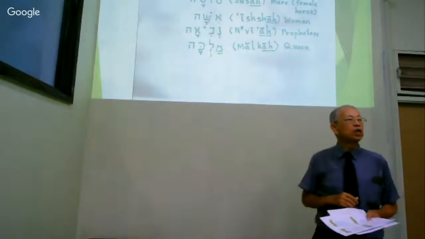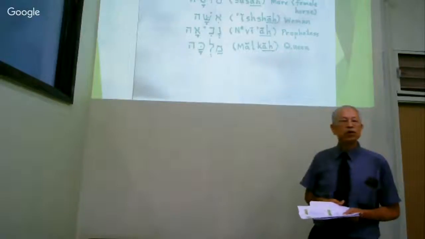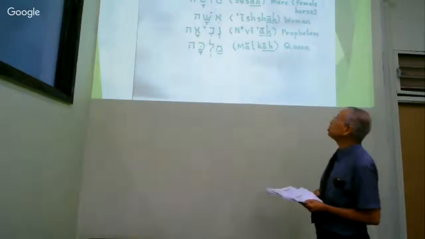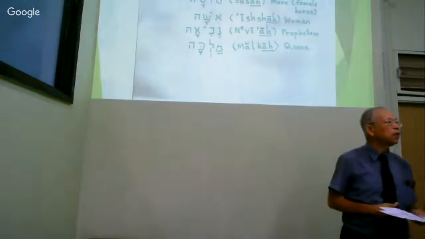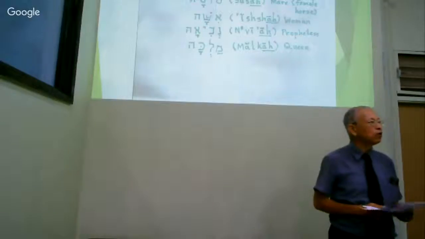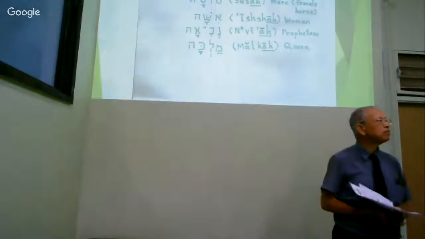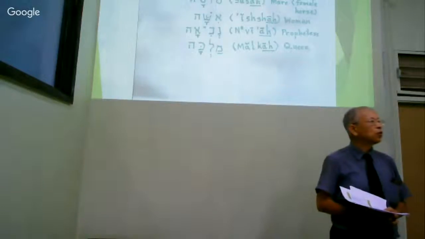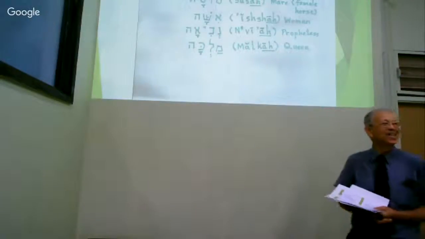So now instead of saying Zeus, which is horse, you say Susa, which is mare, M-A-R-E, which is a female horse.